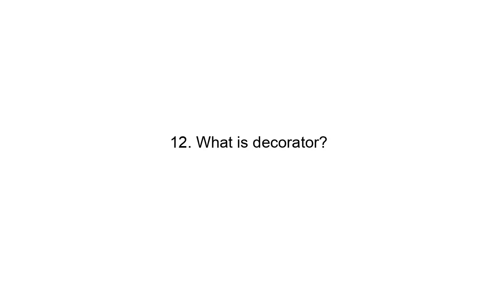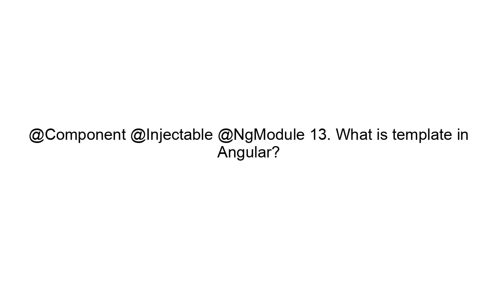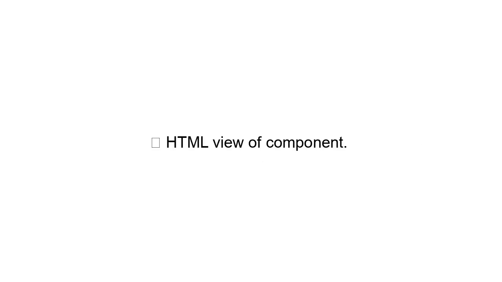12. What is decorator? Metadata added to classes. Examples: @Component, @Injectable, @NgModule. 13. What is template in Angular? HTML view of component. 14. What is interpolation? Displays data in template.